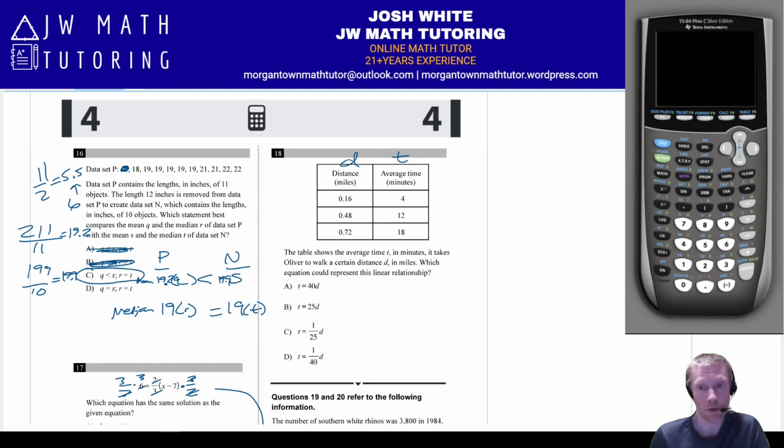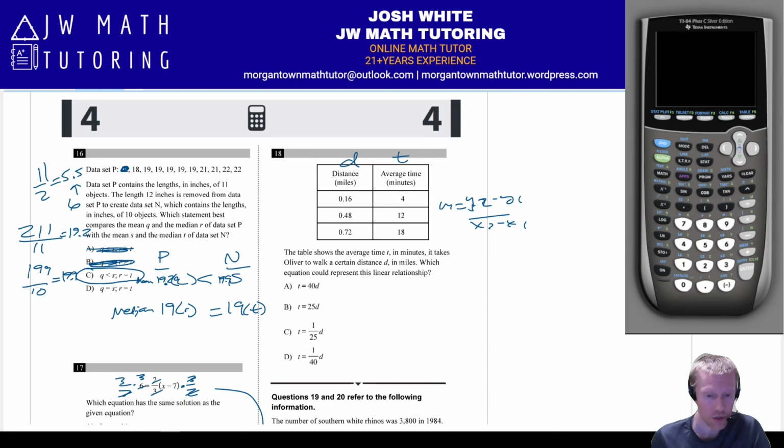So there are multiple ways you could do this. You could set up the slope equation, m equals y2 minus y1 over x2 minus x1. And here, the y values, y2 and y1, would be t technically, and the x2 minus x1 would be d. However, I think the easiest way to do this is back solving.